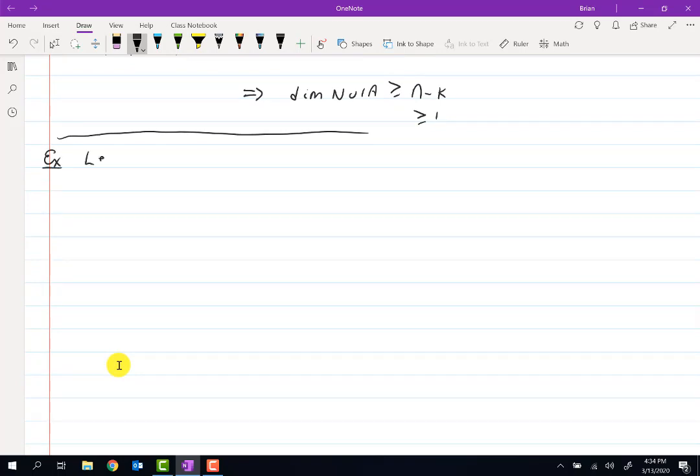Let A be a 6 by 4 matrix. What is the largest possible value of dim null A?